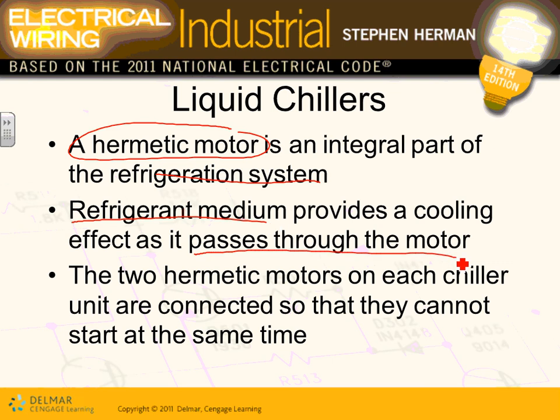If they put the refrigerant over the motor when it's running, every time you cool a motor, you can abuse it more, right? Because enemy number one of electricity is heat. If you can cool it, not a big deal. So this chiller has two hermetic motors driving it. Each chiller unit is connected so that they cannot start at the same time, because of inrush. So we have a chiller with two motors on it, driving it.